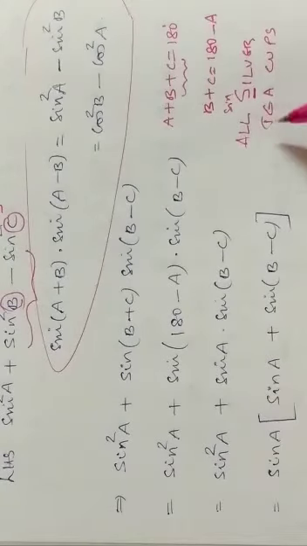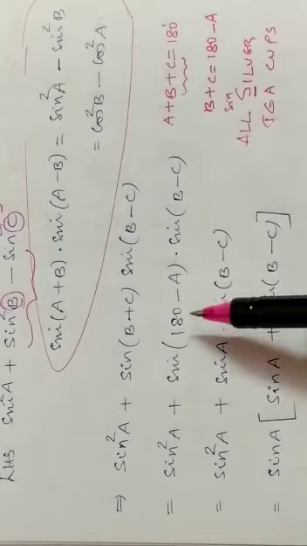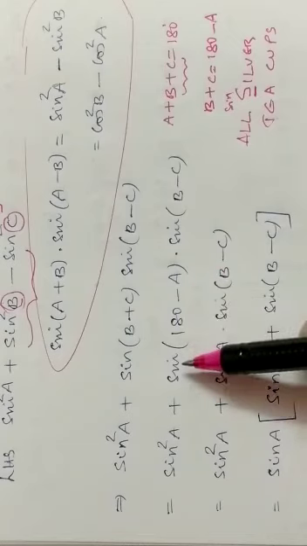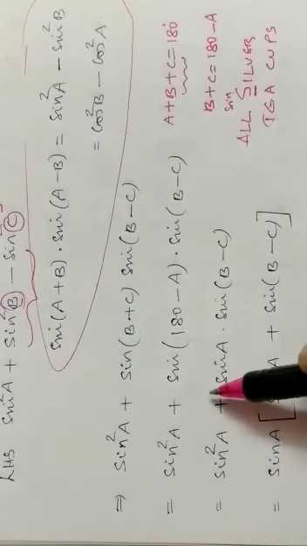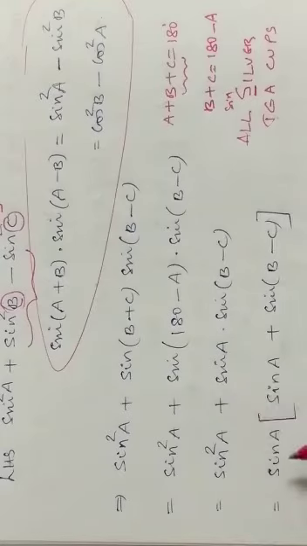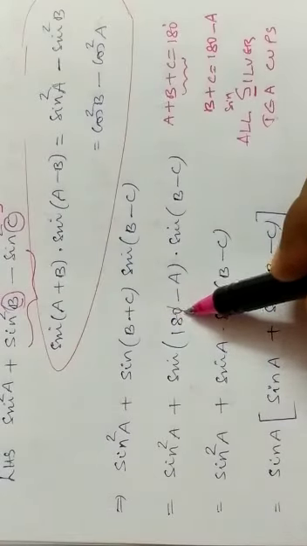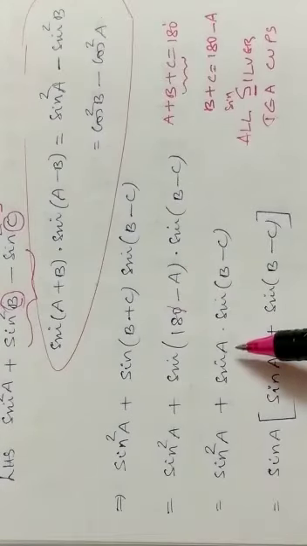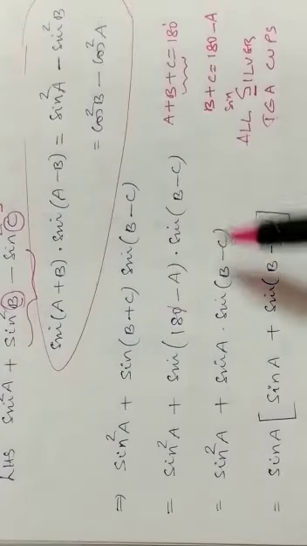This phrase is given to identify the ratios in their respective quadrants, whether they are positive or negative. So 180 minus comes in the second quadrant. In the second quadrant, sin is positive, so I have to put plus. Plus into plus is plus. Remove 180. 180 is even, no change. So sin, what is theta? It is A. So sin A into the same, sin B minus C.